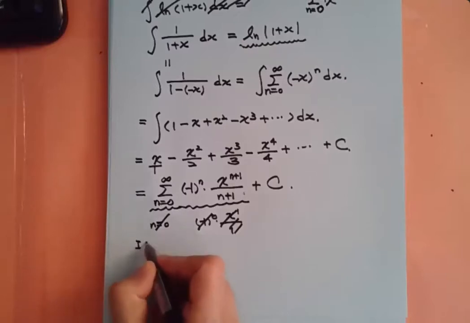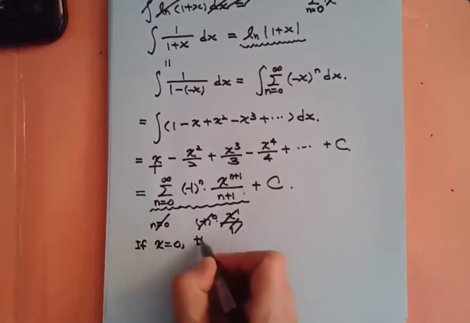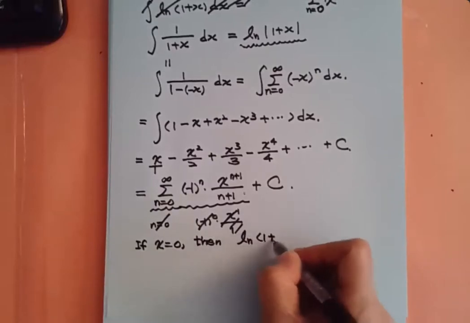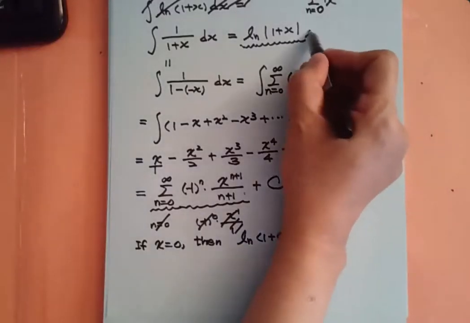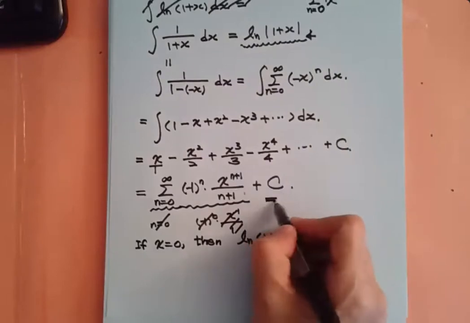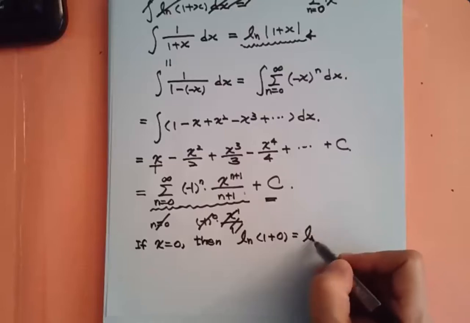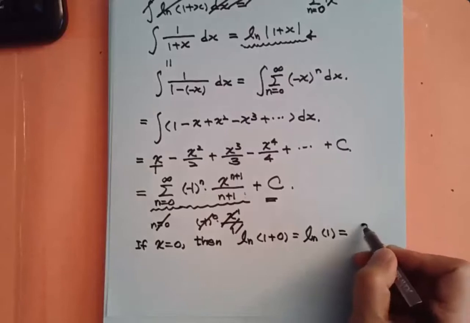So if x equals 0, then natural log of 1 plus 0, we go back to here to evaluate c, equals natural log of 1, and that equals 0, right?